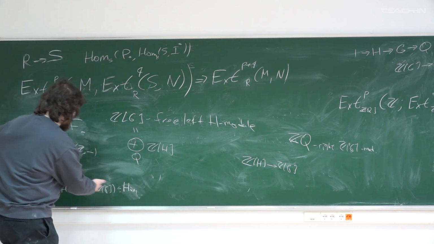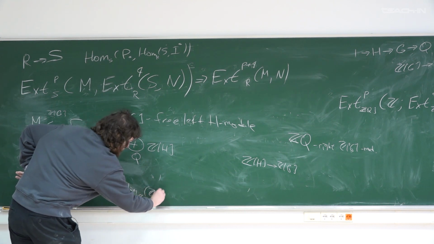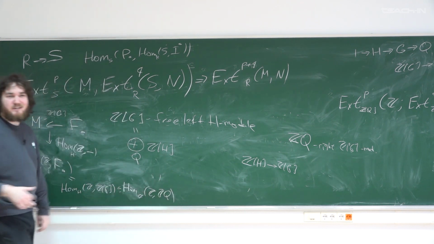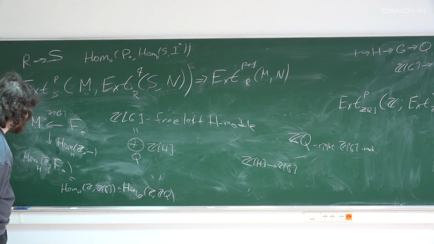Because it's free module, I can cancel H. Yes, so it's Hom over Z from Z to ZQ. Oh, this is true. Sorry. Okay, because it's free module. Hom to free module, you can forget your ring structure down to abelian groups. No, this is true. This is true? I think yes.